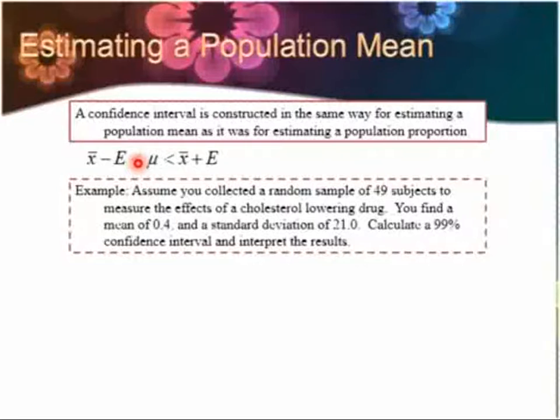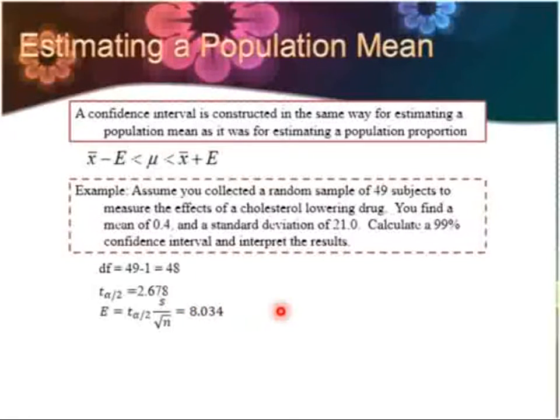So if we're looking back at this example, this time we want to calculate a 99% confidence interval and interpret the results. So we can use all the same information we calculated before. The one thing we're going to do different now is calculate this confidence interval. So same degrees of freedom, same critical t-value, and the same margin of error.